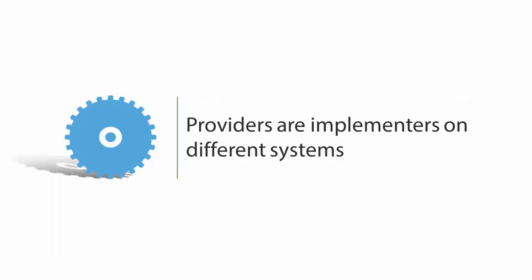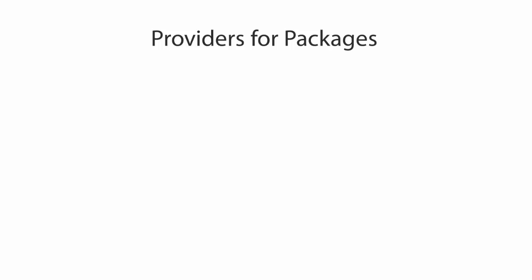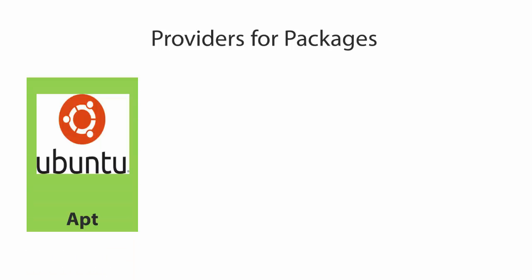Then, what is a Puppet provider as an element? Puppet providers are implementers on different systems. When we use Puppet, normally there are various system environments. In this case, we have to use providers. For example, providers for packages: for Ubuntu, normally we use apt.